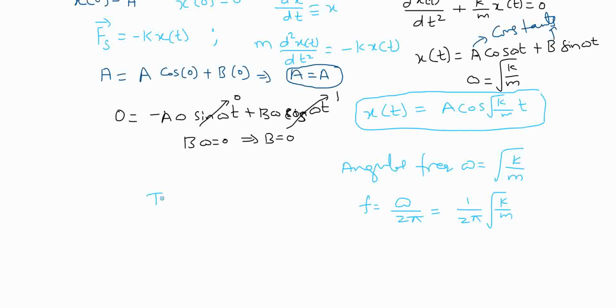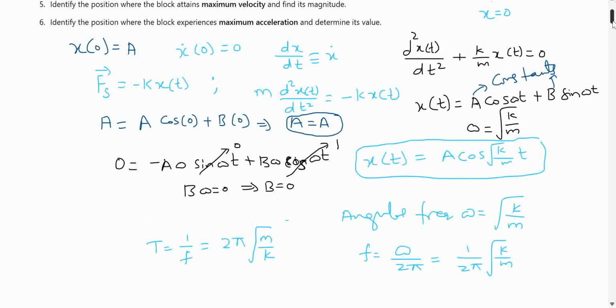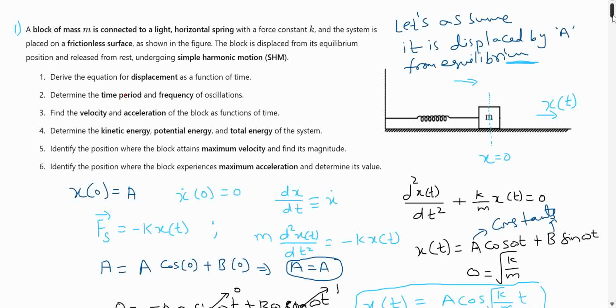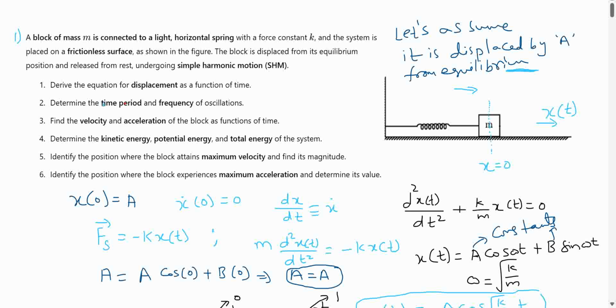And time period of the oscillation will be 1 by frequency, which is 2 pi under root m by k. So we have done with the second question here.